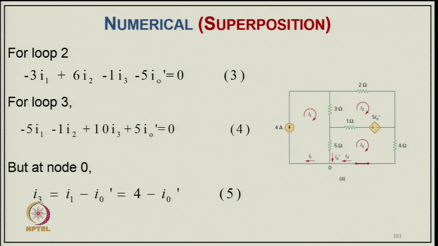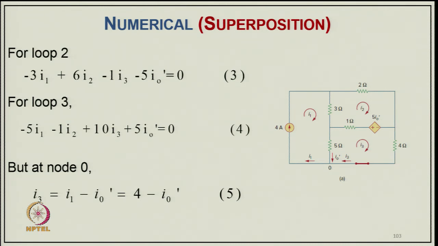For loop 2, we can find minus 3 I1 plus 6 I2, that is the total resistance times I2, minus I1, minus this voltage source, equal to minus 5 I0 dash equal to 0. For loop 3, we can find 5 I1 minus 1 I2 plus 10 I3, the total one, plus 5 I0 dash.